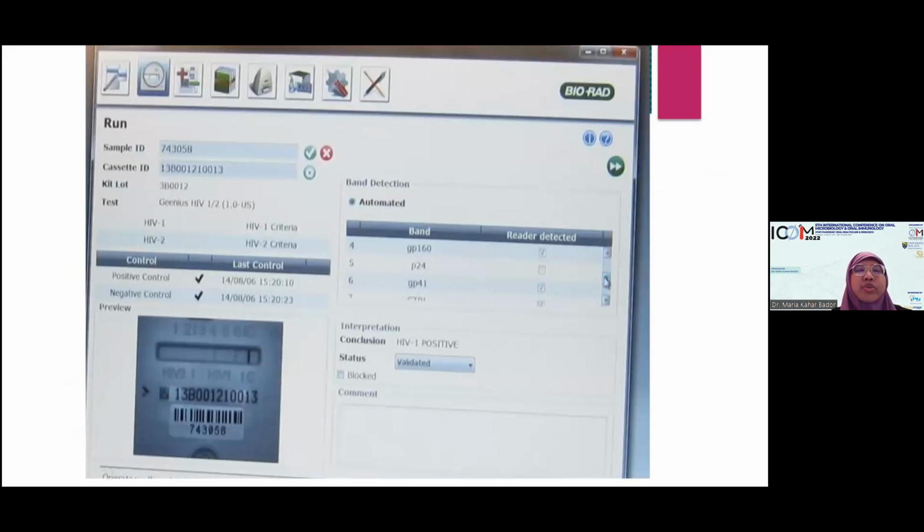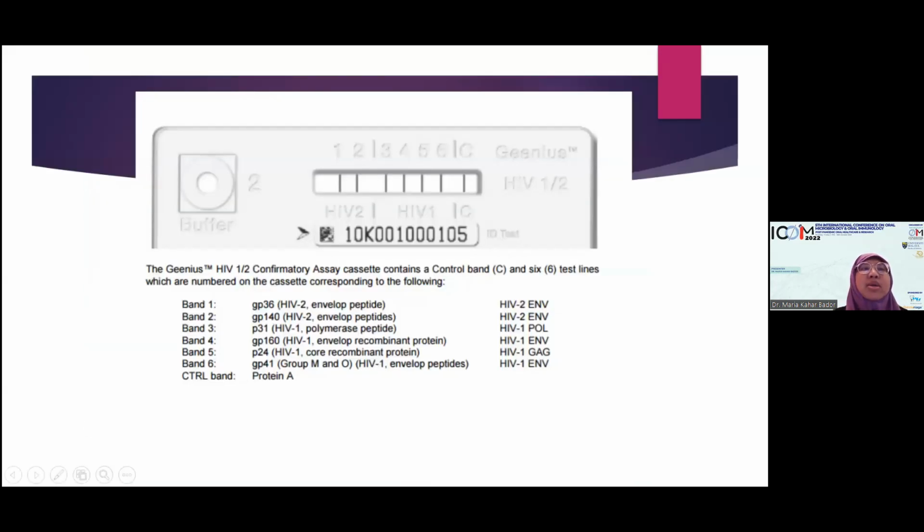So we had the choice of reading manually or using a reader. We opted for the reader because there will be no errors as such. So it's been simplified a lot, we don't have to worry about the particle agglutination reading and the Western blot.